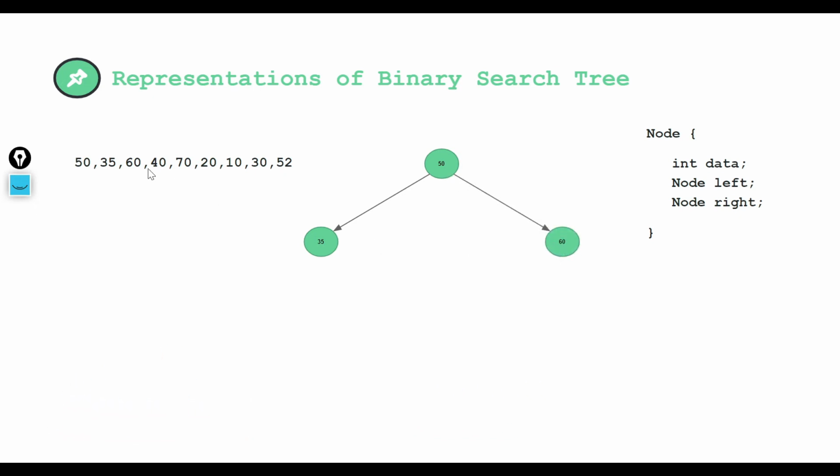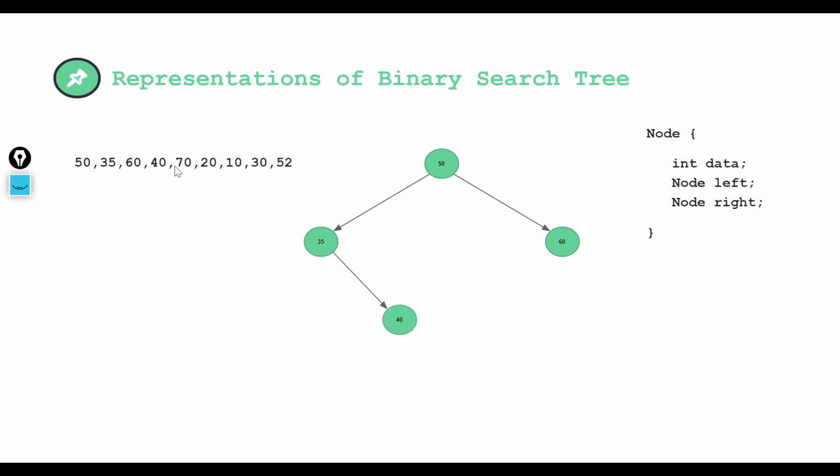Now the next we have is 40. 40 will be compared first with the root node. As it is lesser than 50, it will go inside the left hand side of the root node. Then 40 will be compared with this left hand side node. As it is 35 and 40 is greater than 35, it will come to the right hand side of this 35 node. See this.